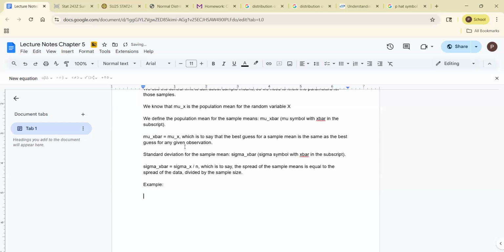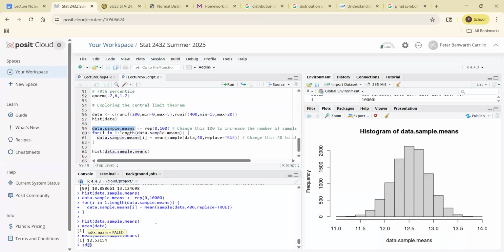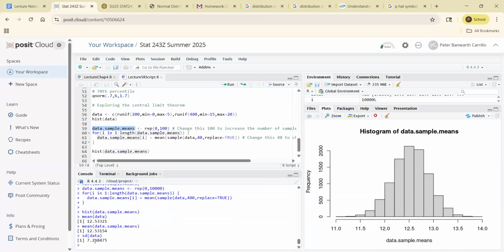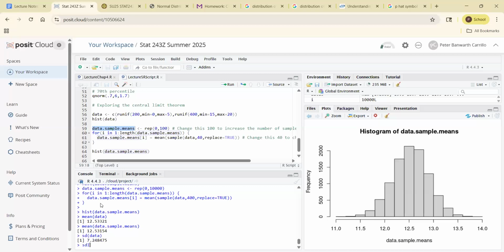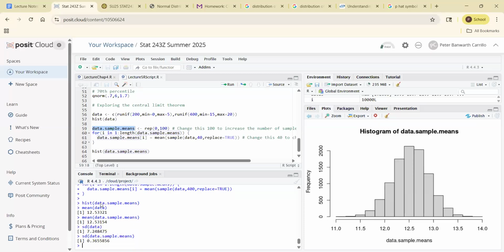Let's do an example. Our data had a mean of 12.5, and let's look at our standard deviation. 7.25 about. Our sample means had a mu sub x bar also of 12.5, and for the sigma sub x bar, let's find the standard deviation of the sample means.